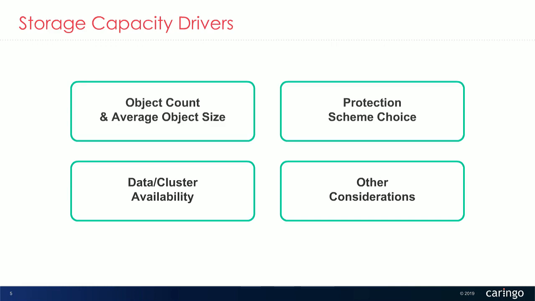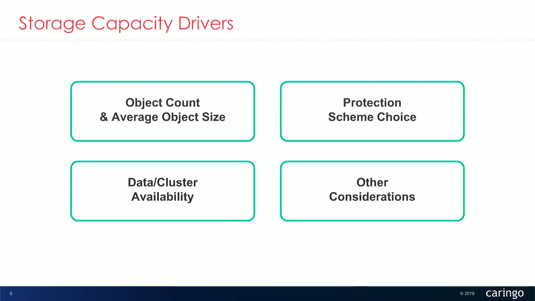The first and foremost is going to be your anticipated or measured count of objects, object count, associated with the average size of the objects that are going to be stored in the cluster. Those drive various aspects of the architecture and your hardware choices. It's very important to have a handle on those 2 items if you want to perform this exercise correctly and be accurate.